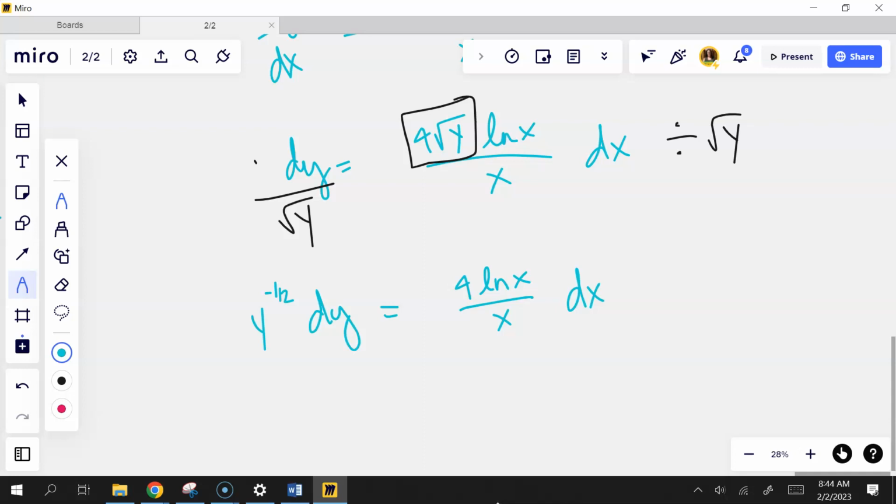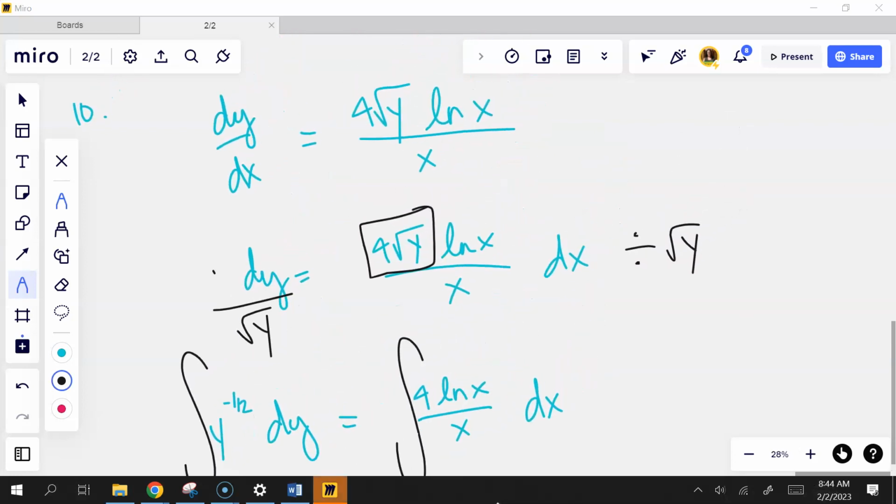Okay. What now? Try integrate. Oh, I forgot to give y'all the initial condition. I mean, we don't need it yet, but it said y equals 1 when x equals e.